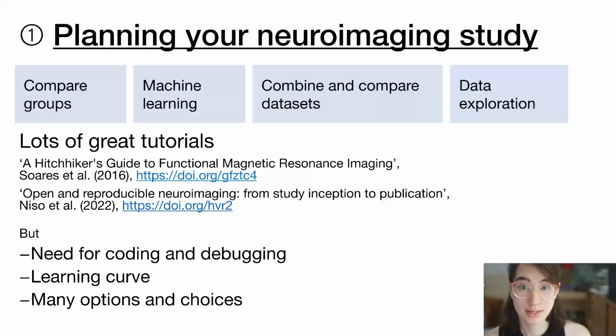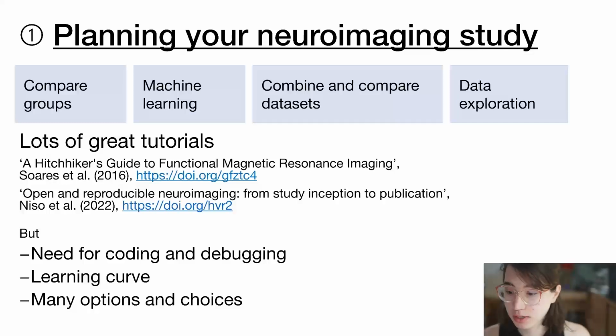So you are probably in this course because you are planning your neuroimaging study. You have a research question that you want to investigate, and you are currently planning how to do that, I imagine. Or maybe you already have data and you're further along.